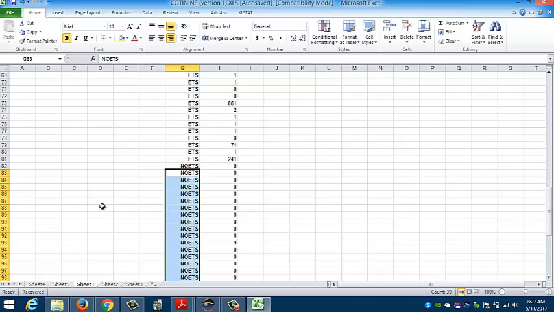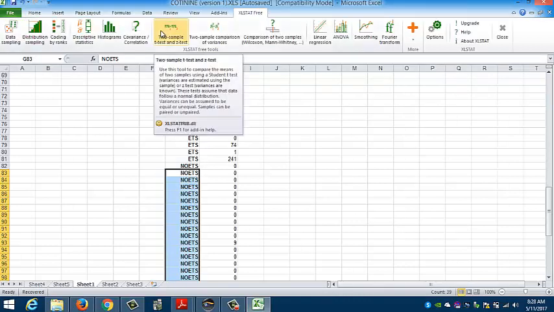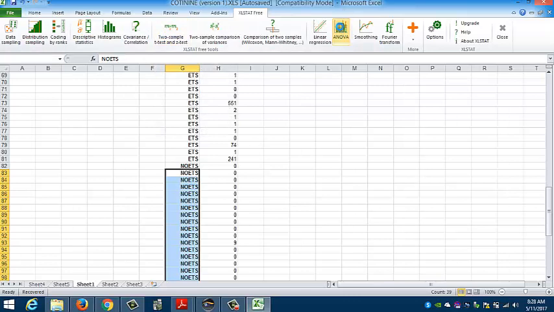Anyways, to do this particular exercise with Excel Stat, and again, I have to launch mine still. It's not running yet. But if you have the full version, I believe it's under modeling, modeling data or mathematical modeling of data. You want to click on ANOVA, which stands for analysis of variance.